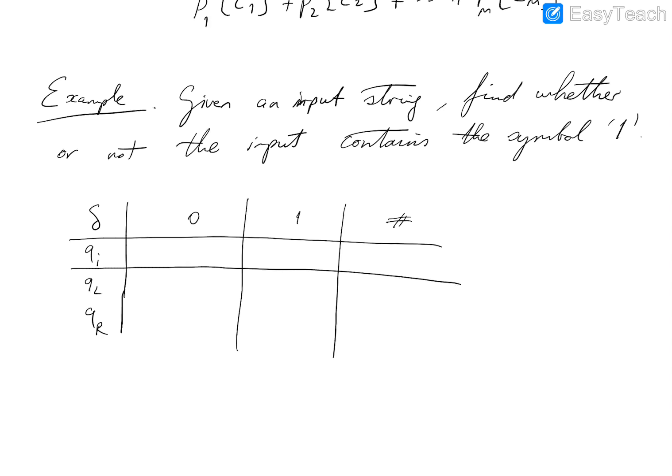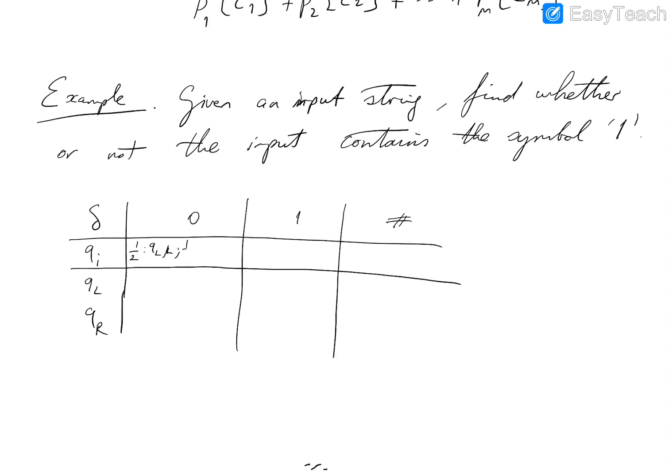So if we read 0, then with probability 1/2 we change our state to QL and move the tape head to the left.